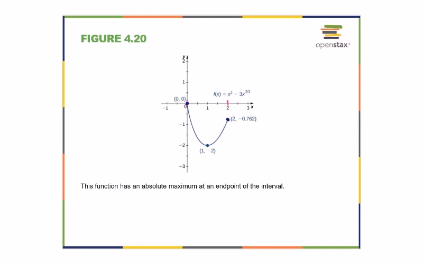And then we found the critical point, which was at 1, and that value turned out to be -2. And so our maximum value was at 0, and the maximum value was 0. And the minimum occurred at 1, and the minimum value was -2.